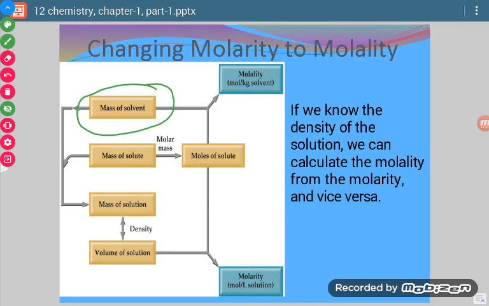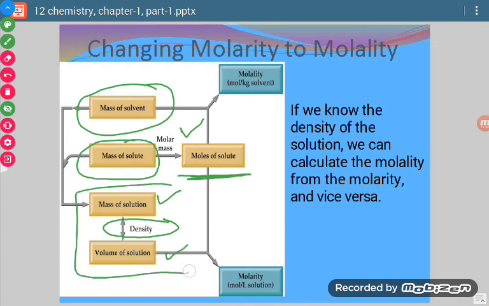Okay, now from the mass of solute, by using molecular mass of solute, we can calculate the number of moles of solute. Now see, if density is given and out of mass or volume one thing is given, then the other can be calculated. Now if we want to calculate molarity, then what we have to do?